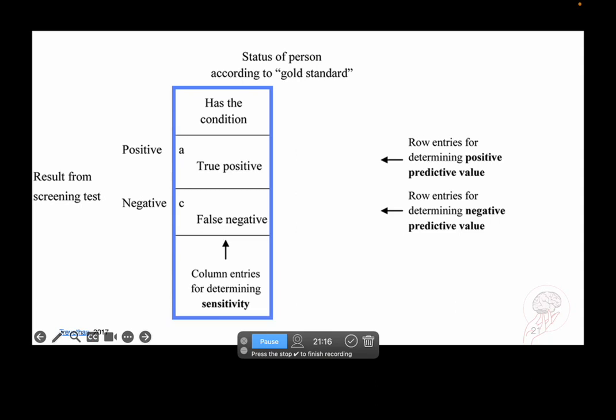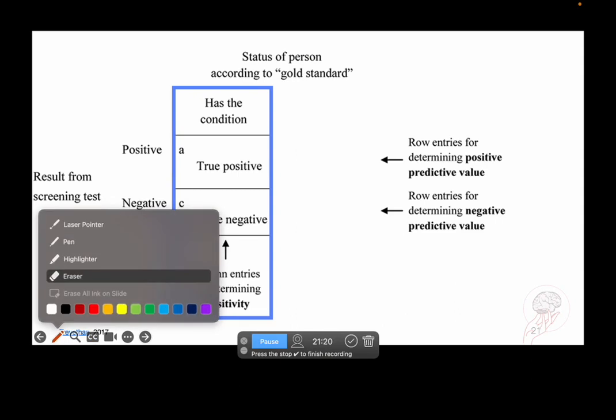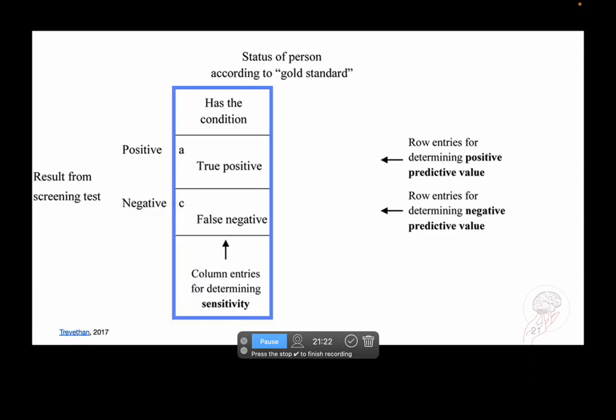So another way of looking at this is, does the person have the condition? So this is saying they have whatever it is. Let's say this is pregnancy. So this would be the person is pregnant. If the pregnancy test is positive, then we have a true positive.